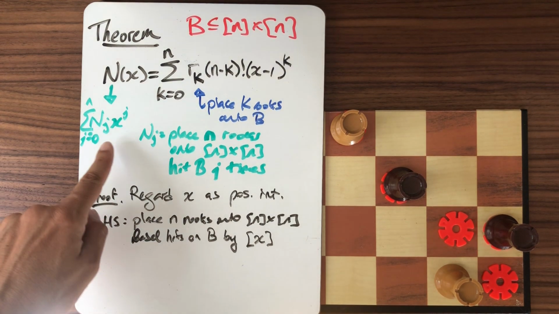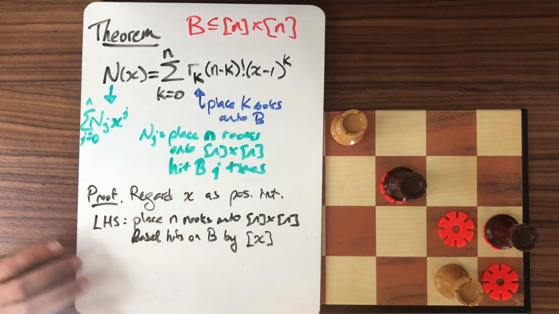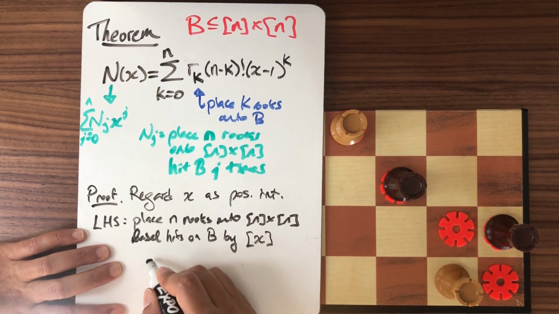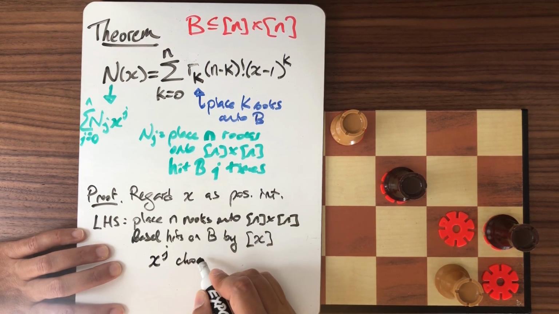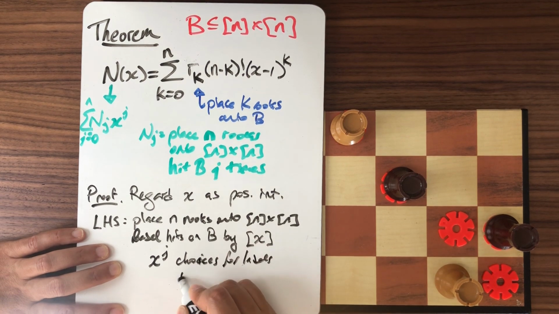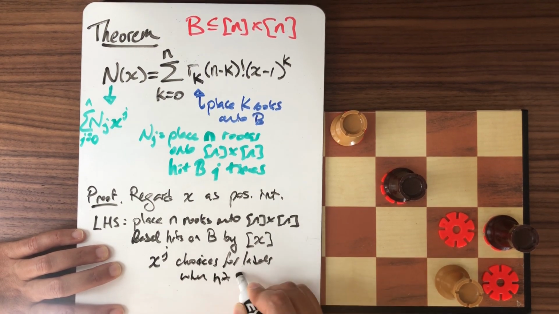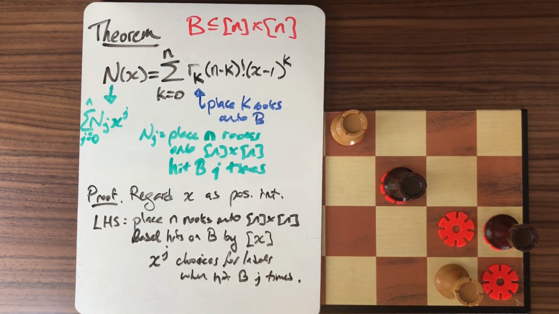That's exactly what this is doing. If we hit it j times, we get j choices for x. So that's going to be x to the j choices for labels when we hit B j times.